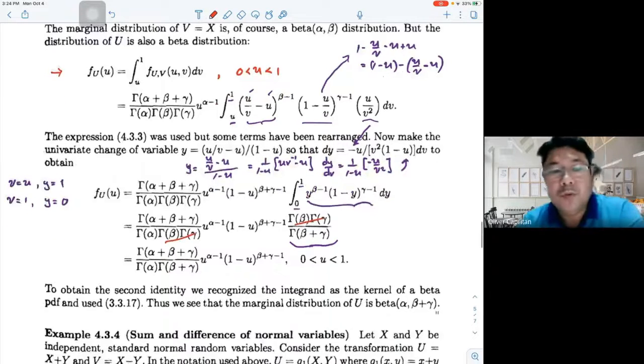And if we notice the marginal distribution of u, it has a beta distribution with parameters alpha and beta plus gamma. Okay, so that's the marginal distribution of u.